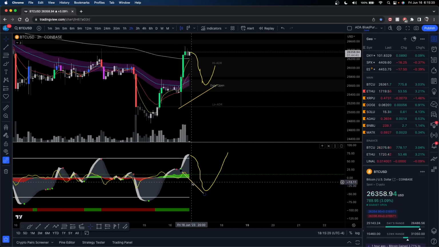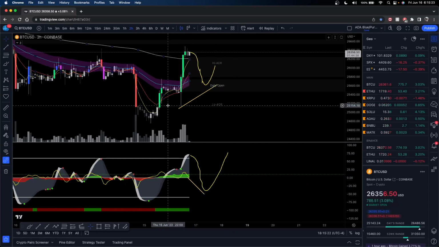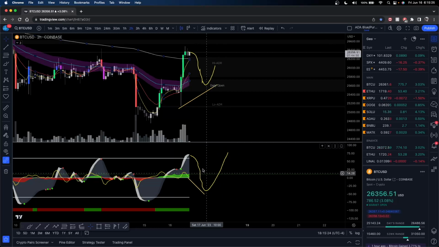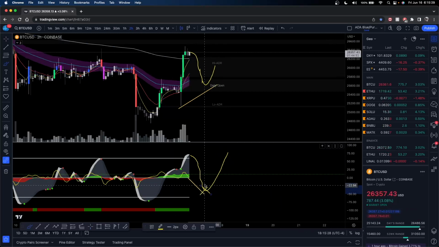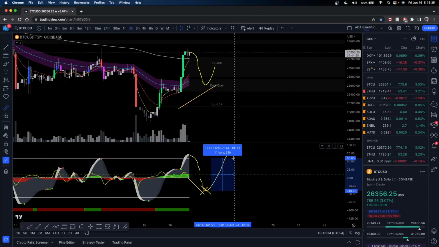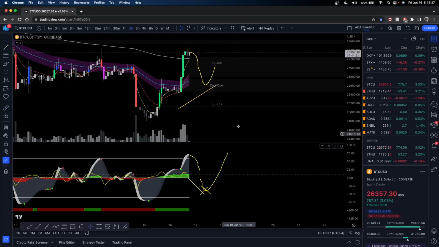This is a hidden bullish divergence. And as you can see, if we get our green dot right over here, X marks the spot, then we have this much room to move up in terms of overbought and oversold.